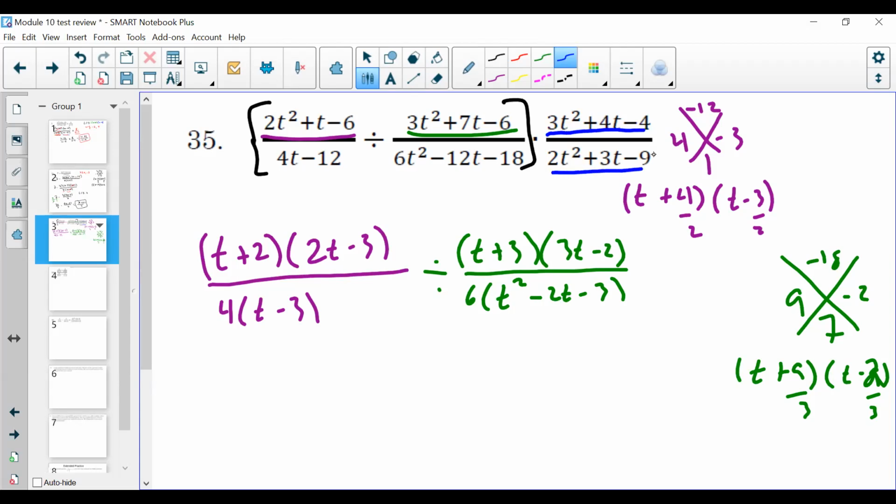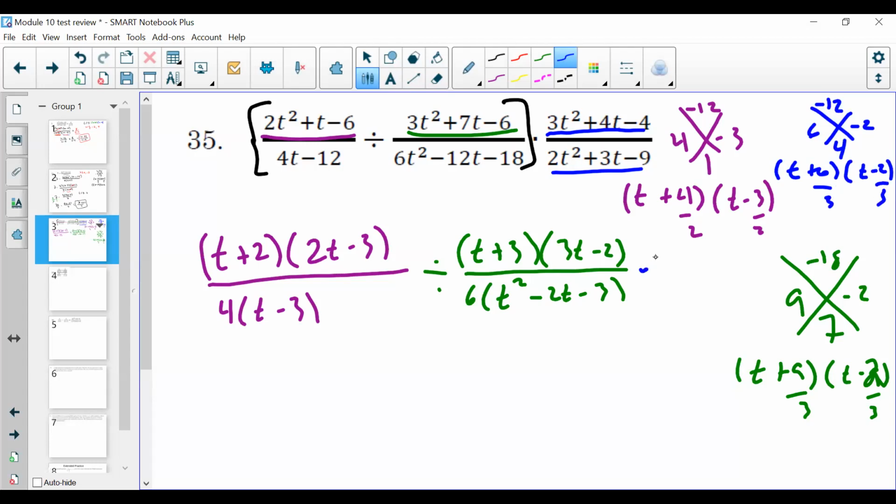So the 3t squared plus 4t minus 4, that one, I want factors of negative 12 that add up to 4. That's going to be 6 and -2. So we have t plus 6, t minus 2. Divide these by my 3.